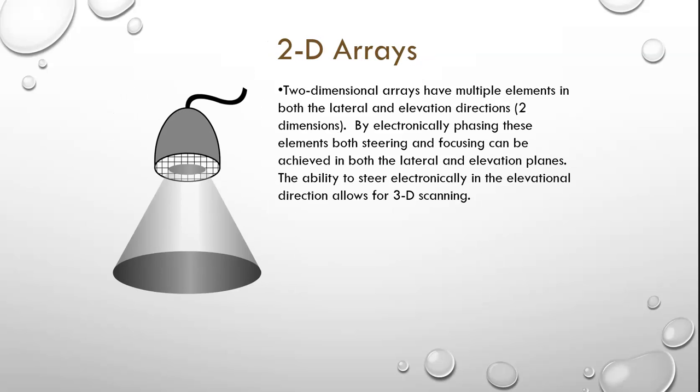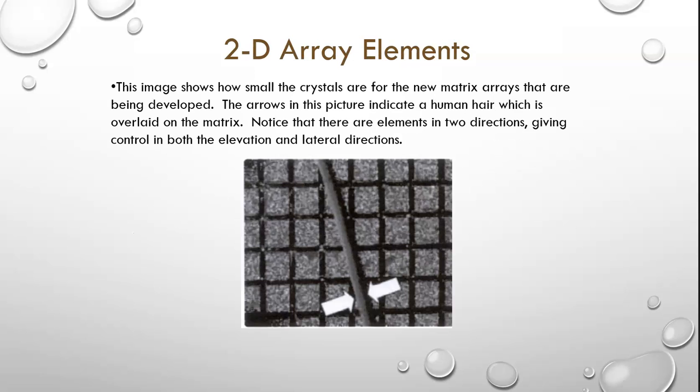Two-dimensional array probes have multiple elements in both lateral and elevational directions and can achieve full focusing in both lateral and elevational planes. This is an image of a two-dimensional array element with a human hair laying across it.